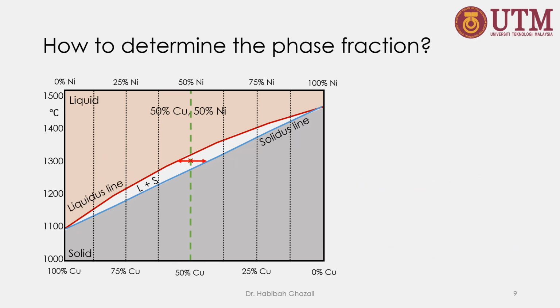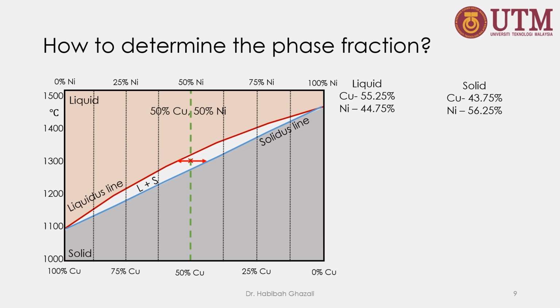Now that we know how to get the phase composition, we would like to know how to determine the fraction of these phases. For instance, at 1300 degrees Celsius, we say we have liquid and solid with this composition. But what is the fraction of each of these phases? We can use the lever rule to determine this.